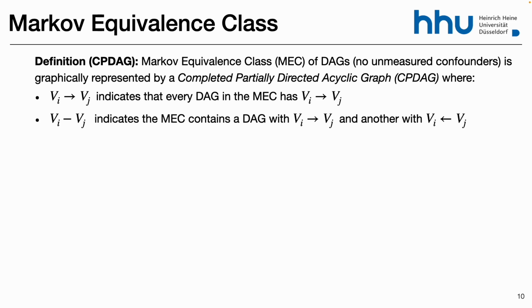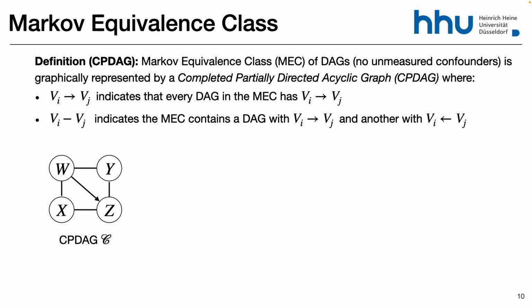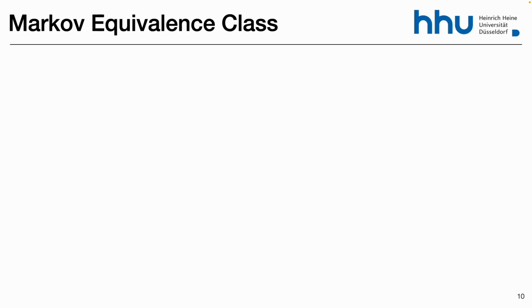So, for example, let me go here with an example. If I have an edge between Vi and Vj saying that Vi points to Vj, this indicates that every DAG in the Markov equivalence class has this edge. It's an invariance.